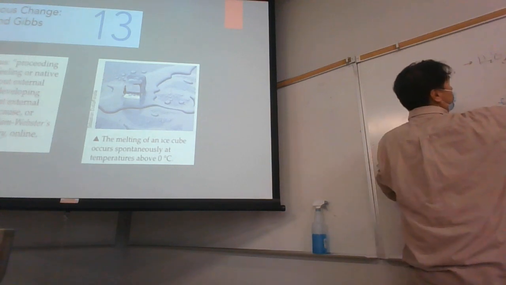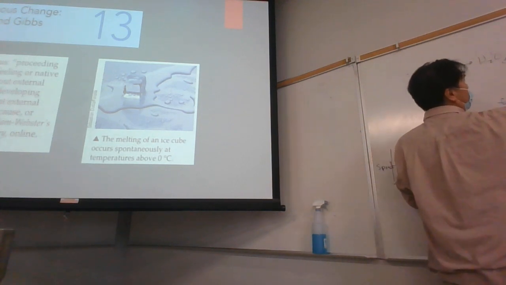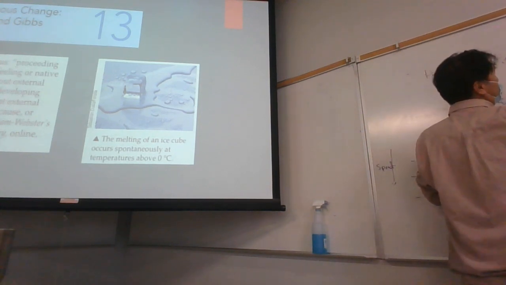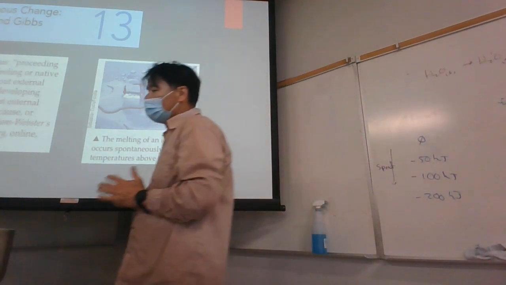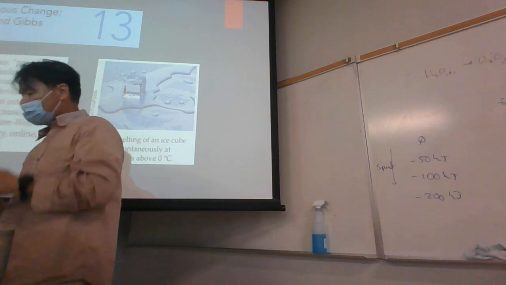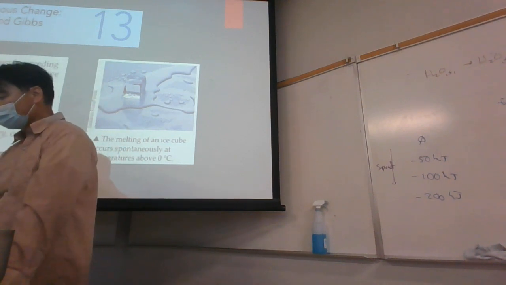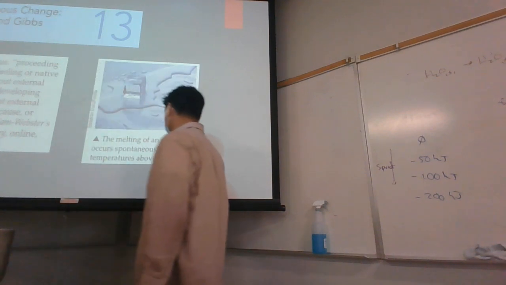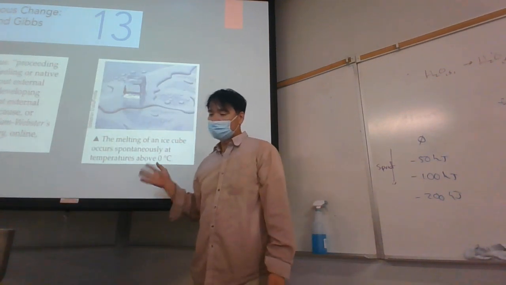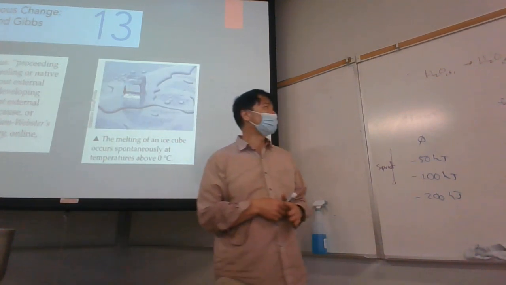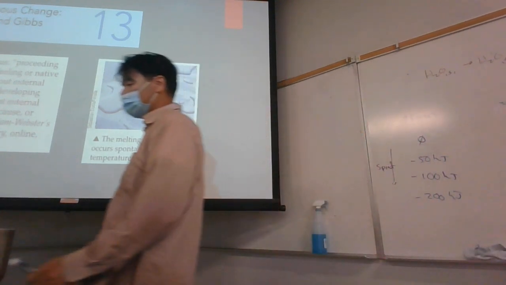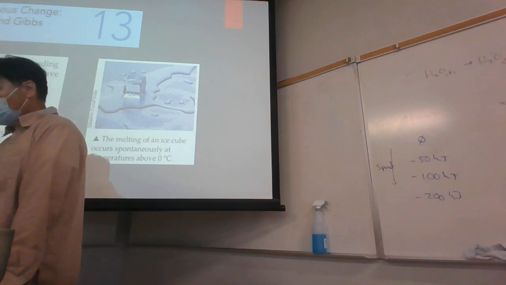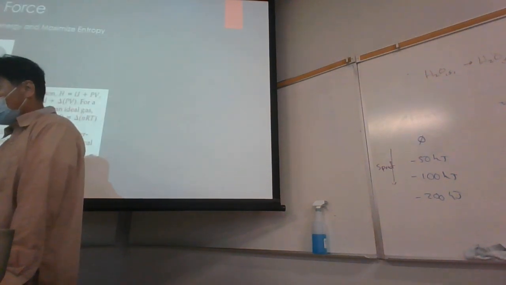If we calculate the delta G under standard conditions at 298 Kelvin, then we see that this is going to be less than 0. And if we calculate, then that means there's a driving force for this. So it could occur spontaneously above temperatures of 0. We can figure out what the melting point is just by setting it equal to 0 and then calculating out the temperature. Similar to what we did before.